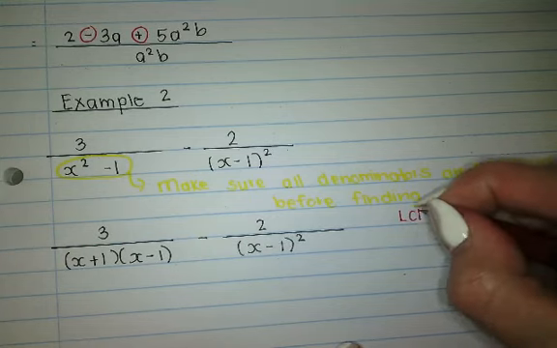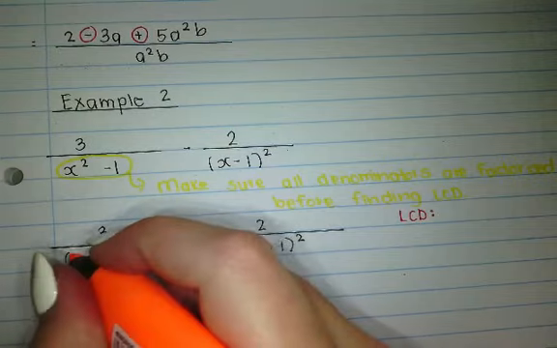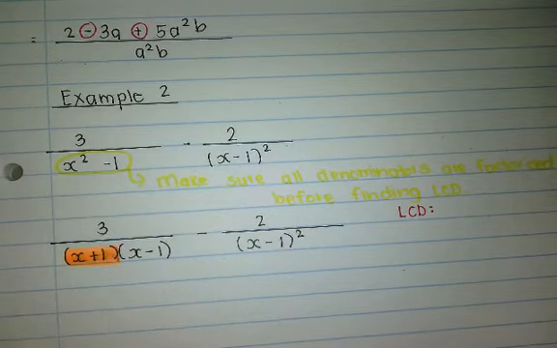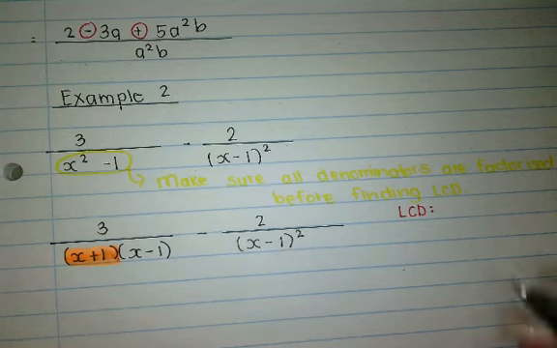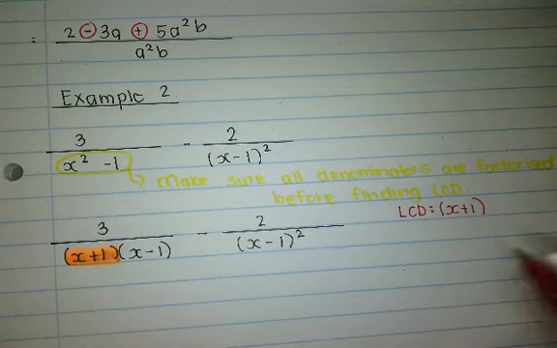Next step, we're going to find my LCD, and for my LCD, we take the highest exponent of each base. So we've got an x plus 1. Do we have any other x plus 1s? No. Okay, so my highest exponent for that one is 1, x plus 1, correct?